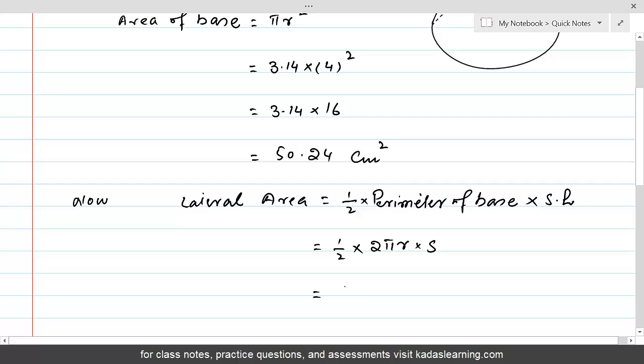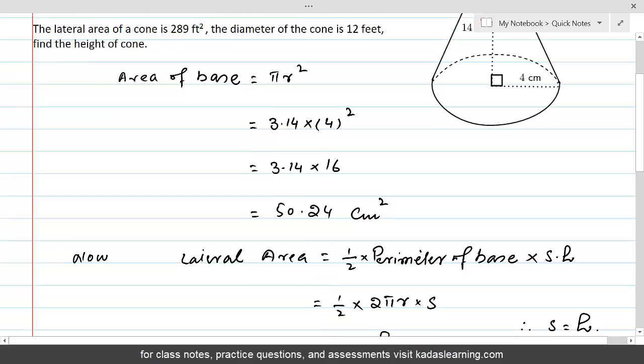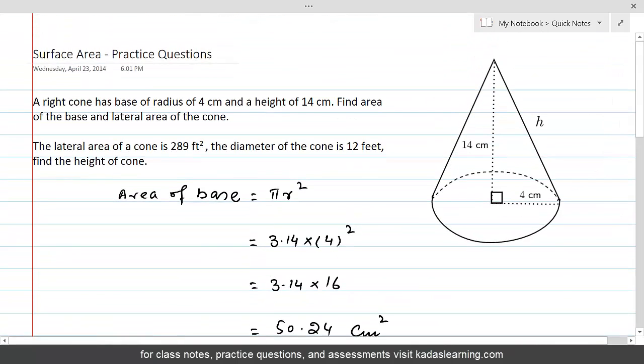So this will be equal to pi r, and instead of s, because in the figure the slanting height is represented by h, we'll represent it by h. Here s is equal to h. So there should be no confusion. For finding h, we consider triangle ABC.